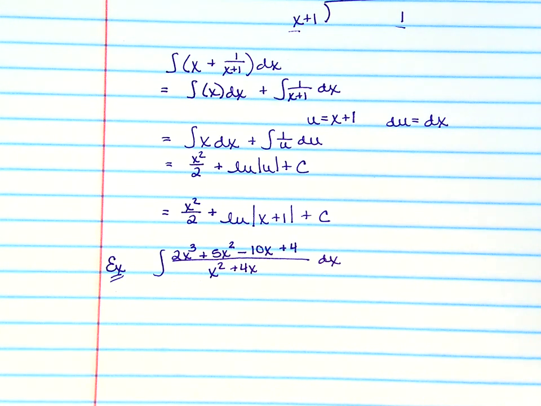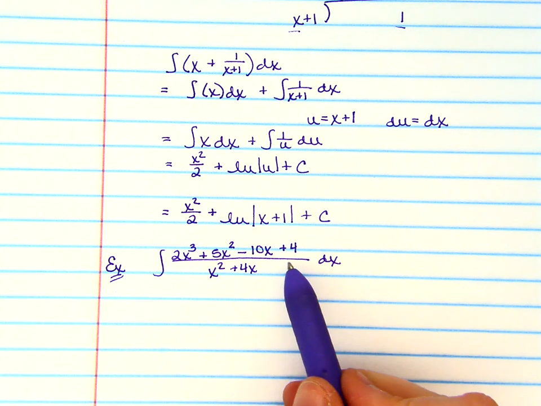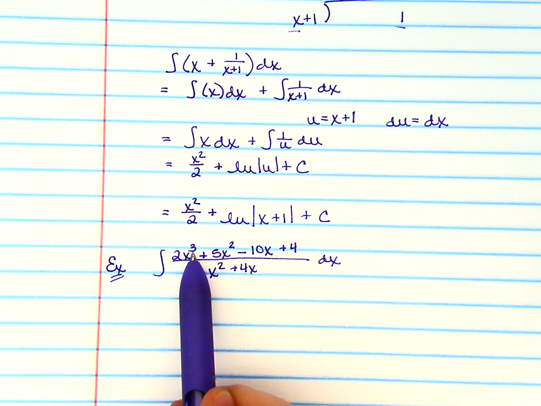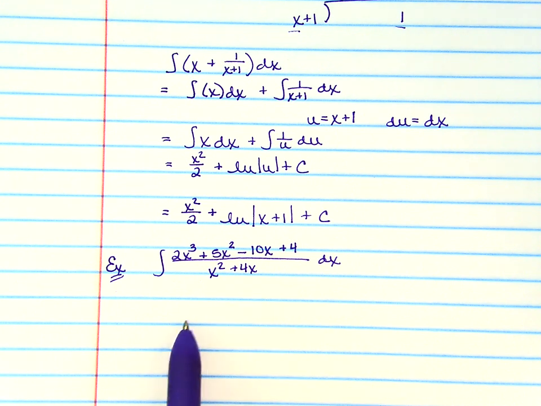How do you know we need long division? Hopefully you noticed the degree of the numerator is greater than or equal to the degree of the denominator. So long division, to rewrite it, is the first step.